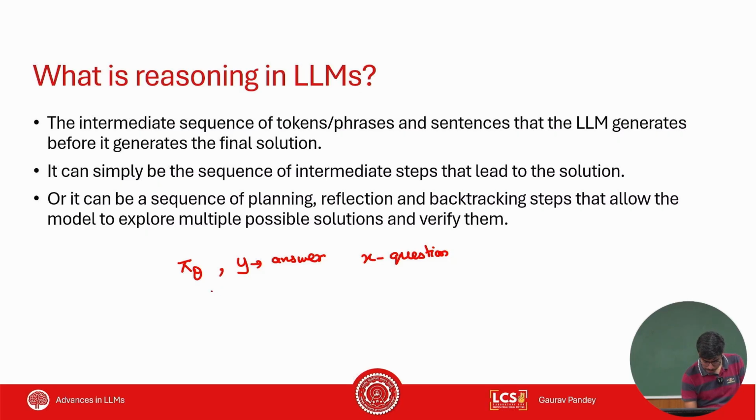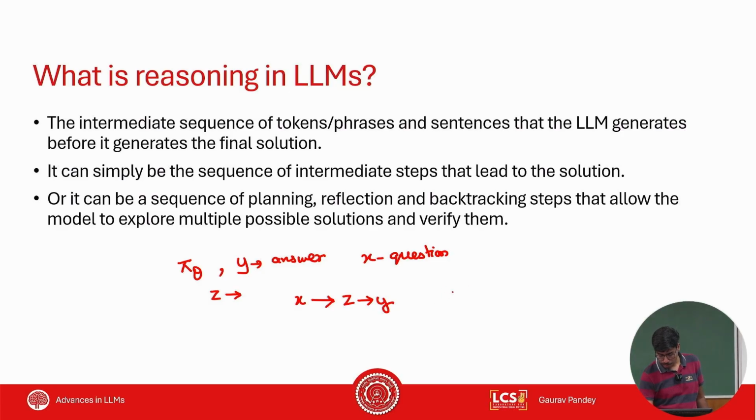Your reasoning is something I will denote by z. It's an intermediate step that you need to reach y. So your network will first take x, generate z, the intermediate steps, and then generate the final response y, right?